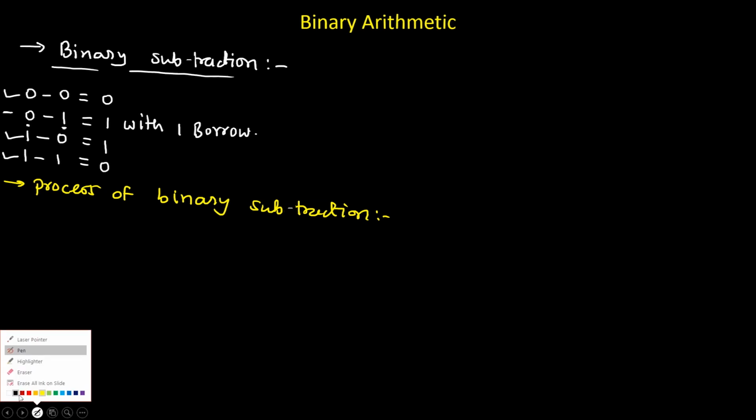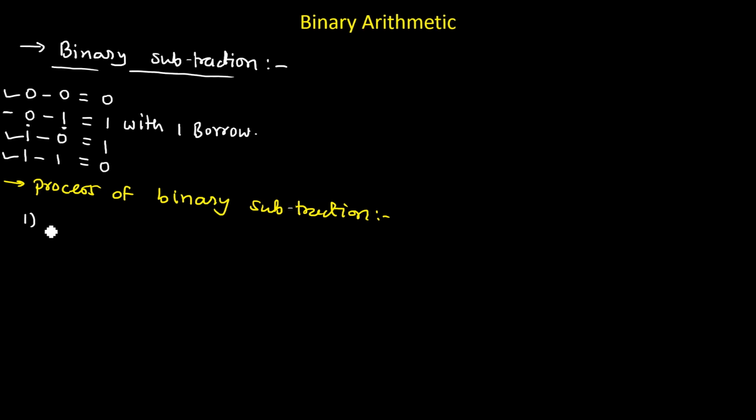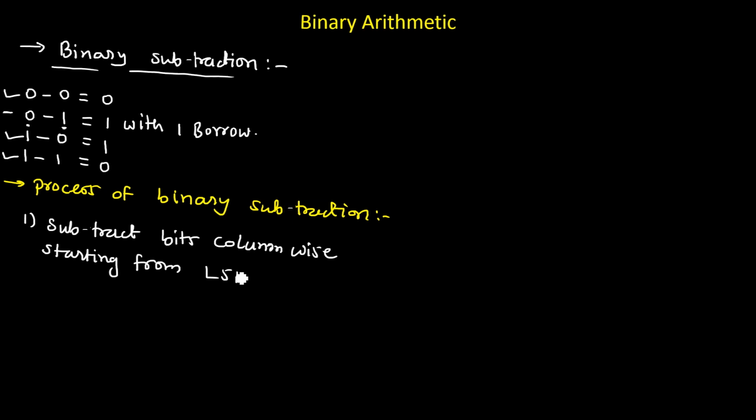The first step in the binary subtraction method is to subtract bits column-wise, starting from the least significant bit. For example, we have one number, 111011100, and we have to subtract this number from 00110010.